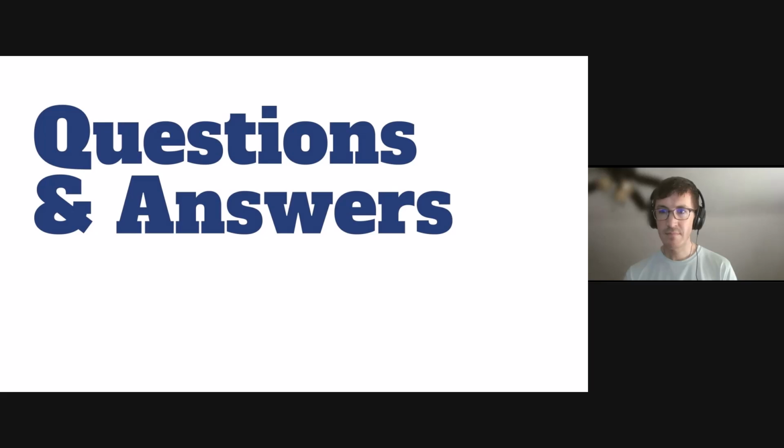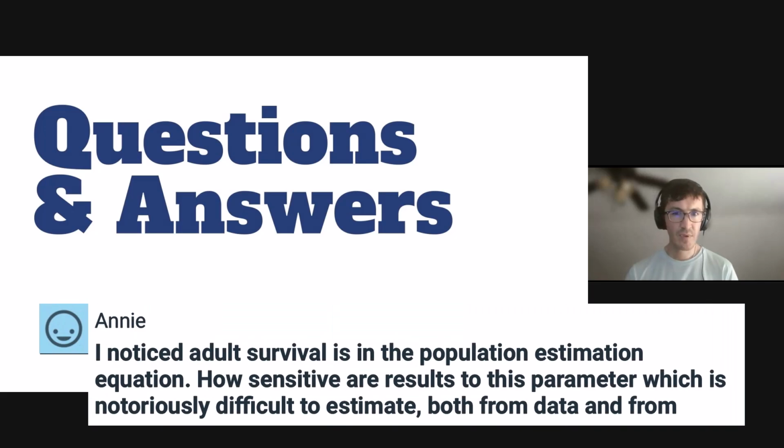The second question asks, I noticed adult survival is in the population estimation equation. How sensitive are results to this parameter, which is notoriously difficult to estimate, both from data and from models? I think one of the keys for survival estimation is having enough cohorts.